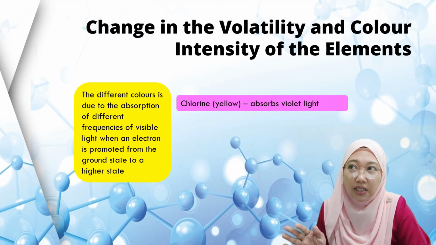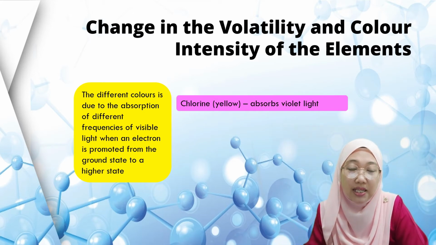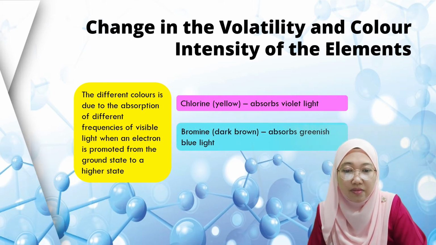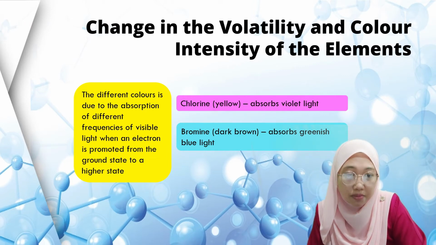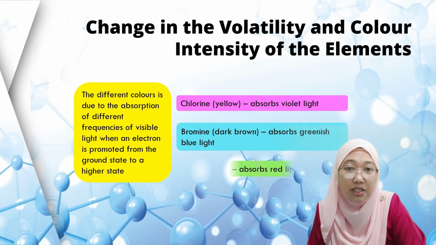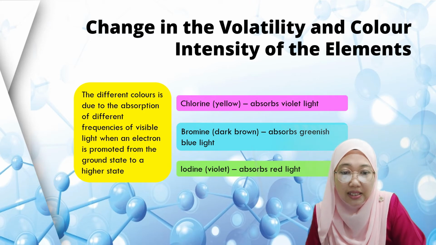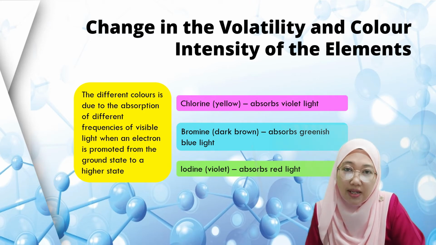Okay, yang 4s, 3d, okay. Chlorine, yellow, absorbs violet light. Bromine, the color is dark brown because it absorbs greenish blue light. And iodine is a violet color because it absorbs red light.